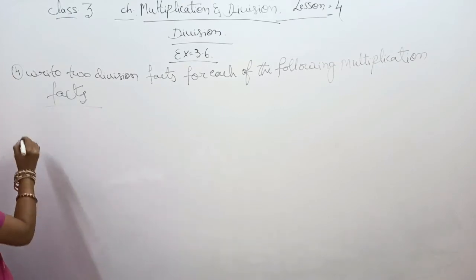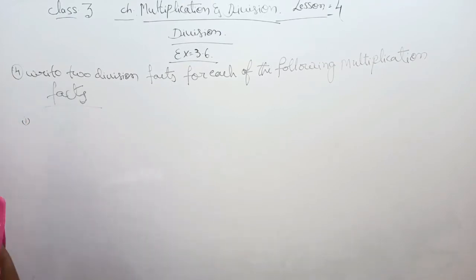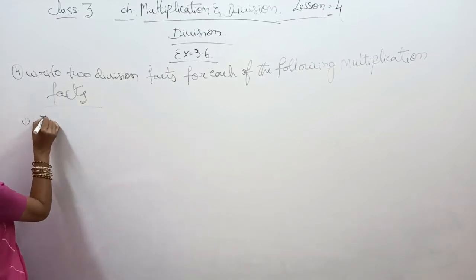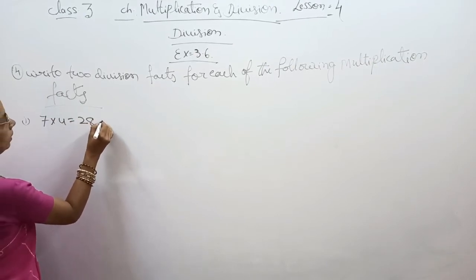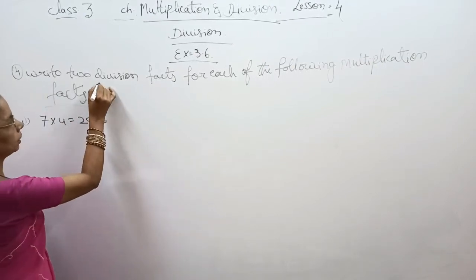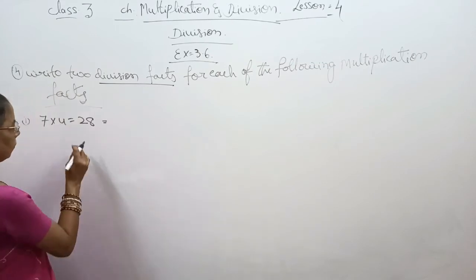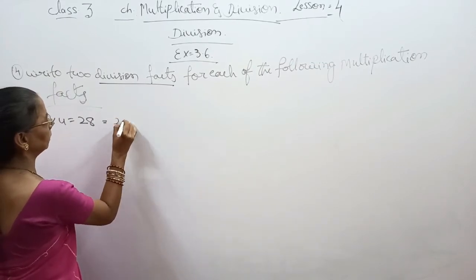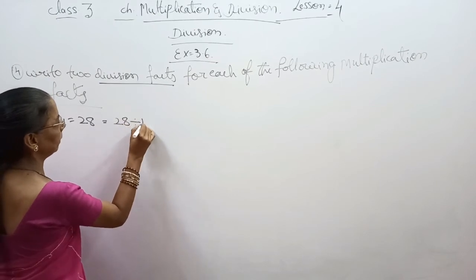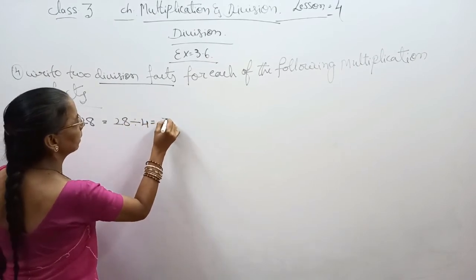Now the first question is 7 into 4 equals 28. Then we have to show the division facts. Now we write it in the division method. That is 28 divided by 4, then we get 7.